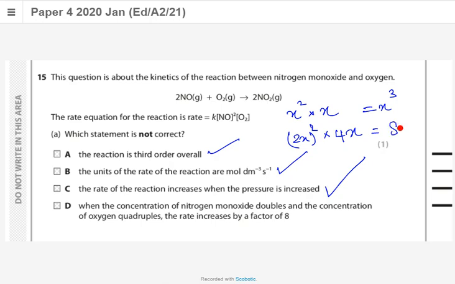You get how much? Sorry, 16X cubed. 2 times 2 is 4, times 4 is 16X cubed. So the rate is increased by 16 times, not factor 8. Clear?